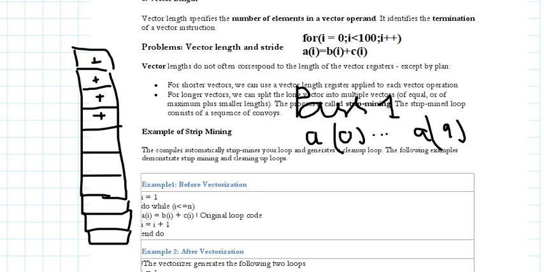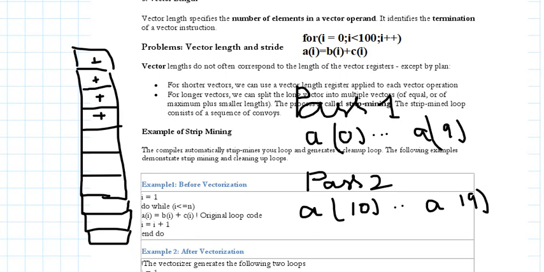In pass 2, what you will do? You will send the instructions from A10 to A19 and so on. Now you see, if you follow this course, in 10 clock cycles this entire operation can be completed.